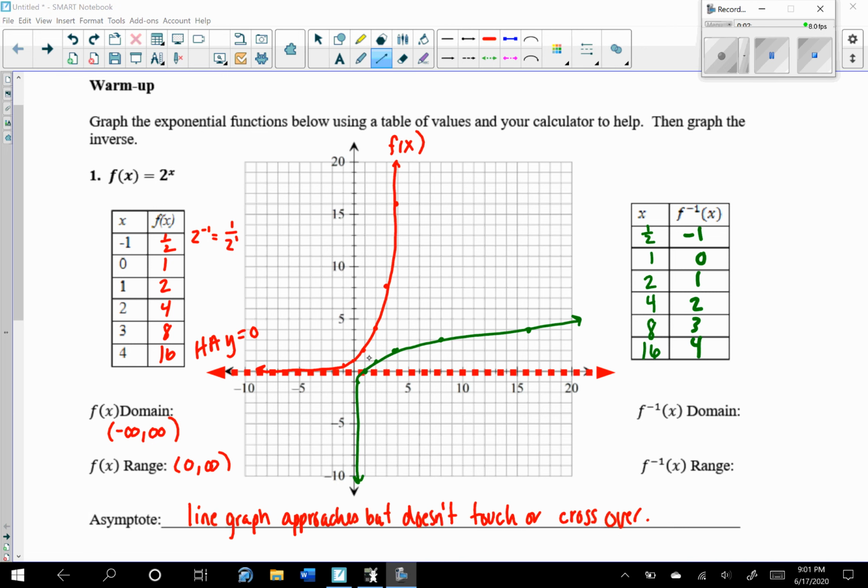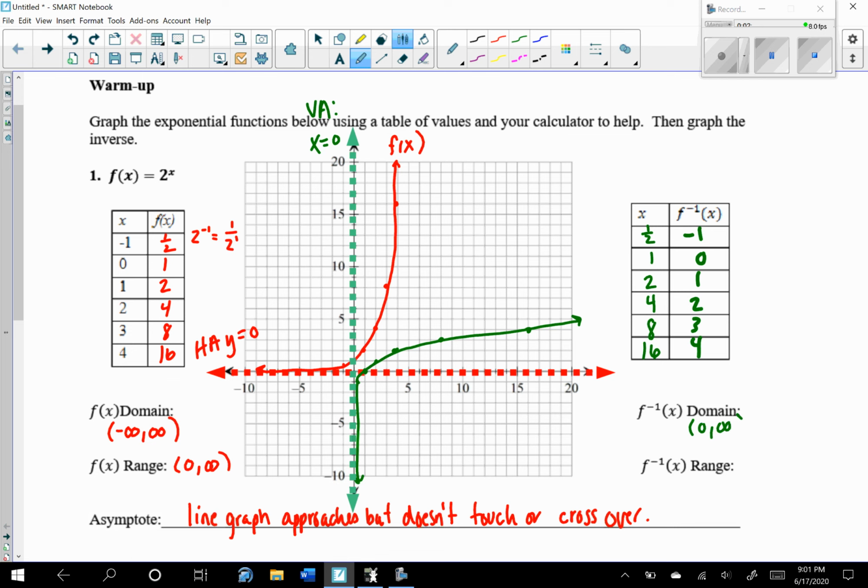If we have a horizontal asymptote at y equals 0, then the inverse has a vertical asymptote at x equals 0, because again, for inverses, you switch your y and your x values. So that's a vertical asymptote. The domain is now 0 to infinity.